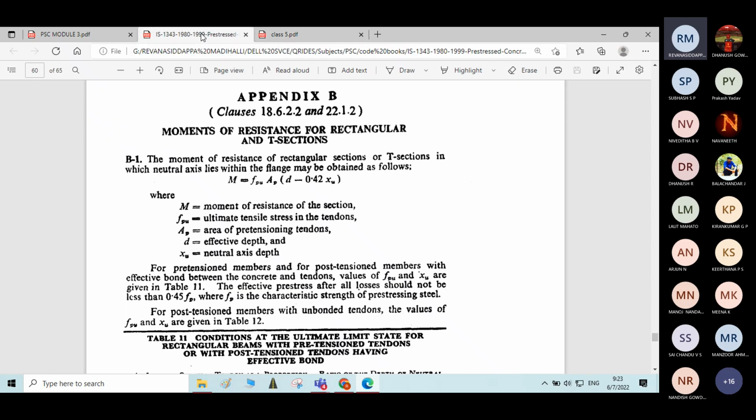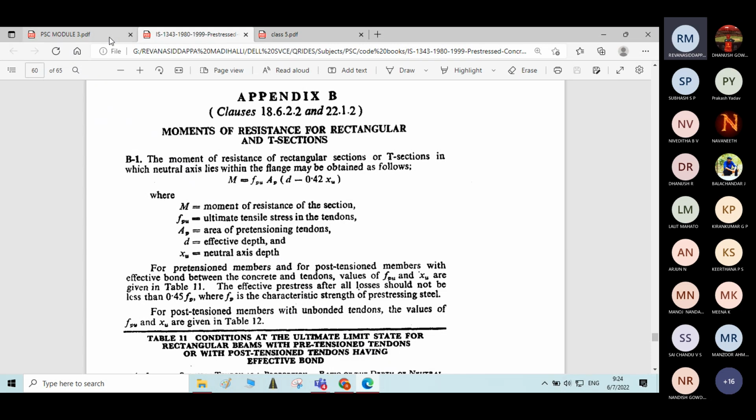We have to make necessary changes accordingly while analyzing a pre-stressed concrete beam. The basic principle remains the same, like stress block parameters, the grade of concrete, the grade of steel, the area of the section, and the area of the pre-stressing steel. The same parameters we will be considering for analyzing a PSC beam, like in an RCC beam.